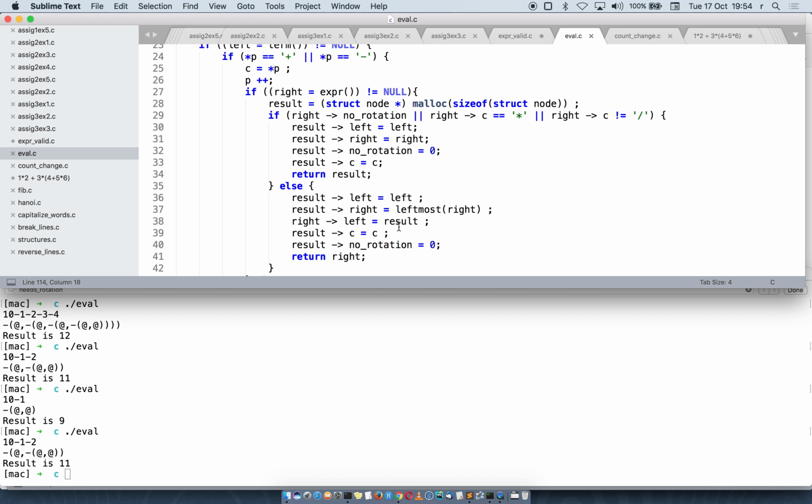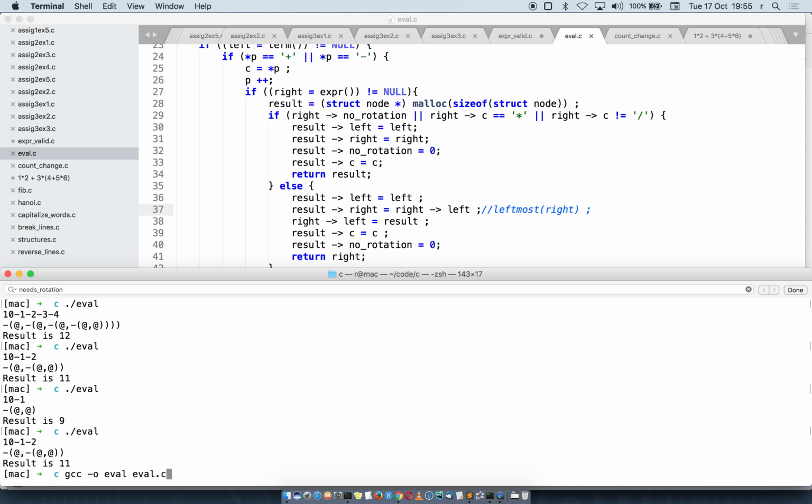So if here I have in right, going back to what I had before, read right, left. That works, this works correctly, right?